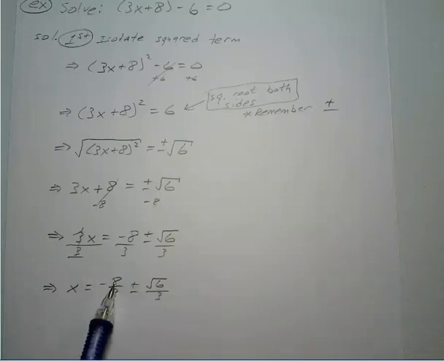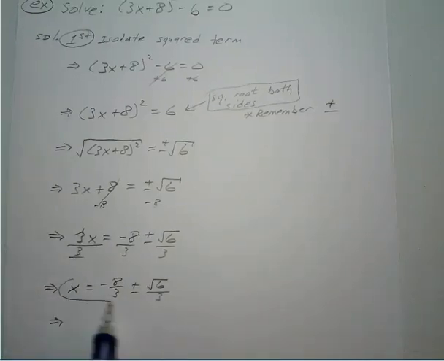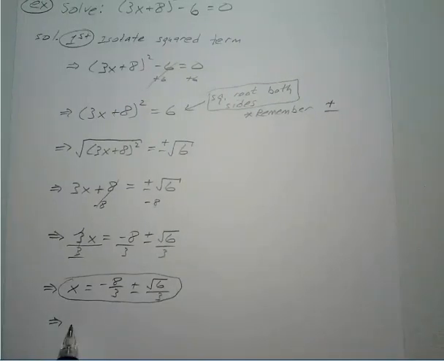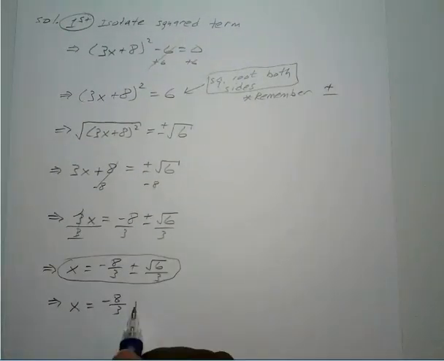Okay, so really we can go ahead and separate those two. So this is an answer, but you may have some that will want it broken up. So x can equal negative 8 over 3 plus the square root of 6 over 3.